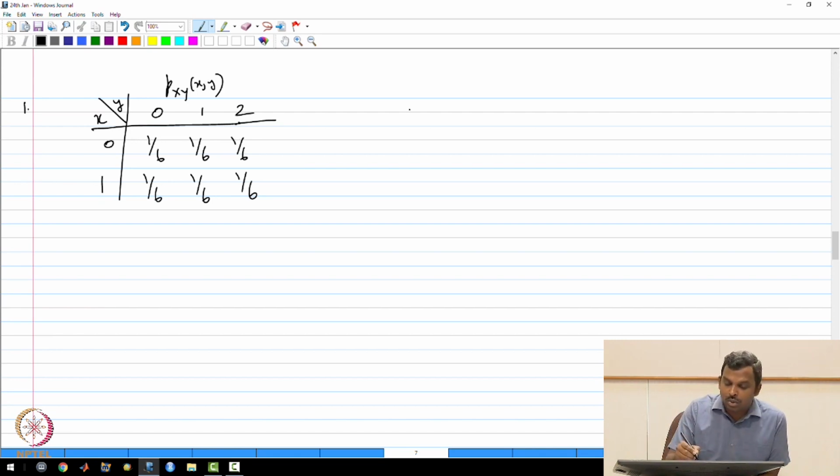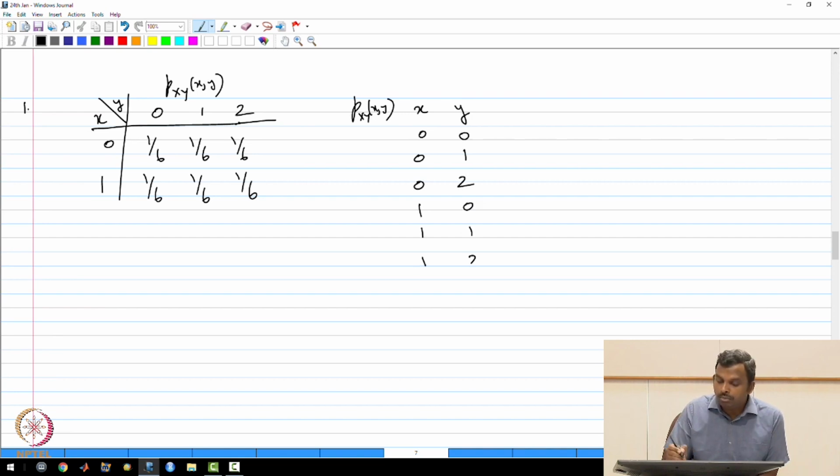So let's do that. You have x here, y here, and then it's convenient to write pxy of x comma y in this fashion. So x could be 0, y could be 0, 1, 2, or x could be 1 and then y could be 0, 1, 2. So the joint PMF is just 1 by 6 for all these possibilities.